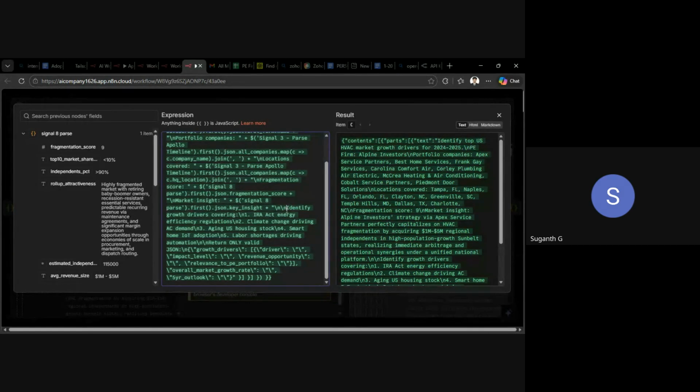So identify growth drivers covering IRA Act energy efficiency regulations, climate change driving AC demand, aging US housing stock, smart home IoT adoption, and labor shortages driving automation. So we used some of these filters.